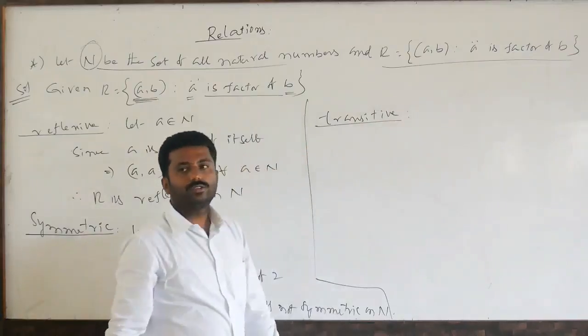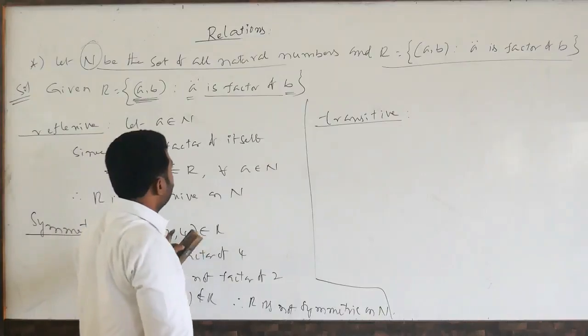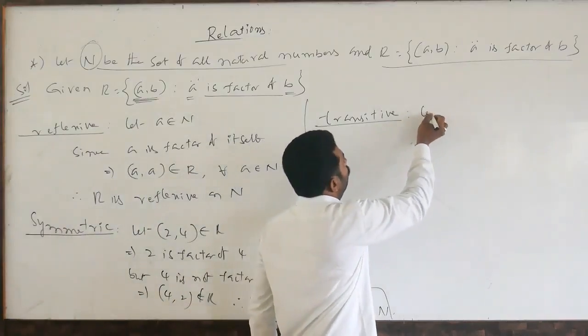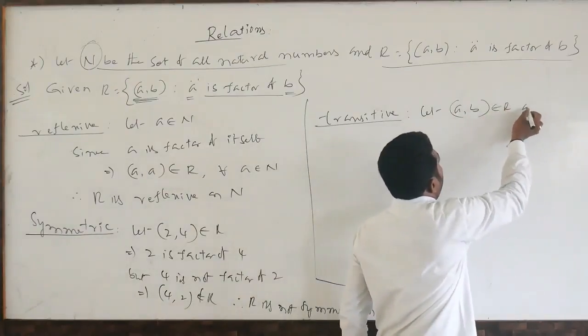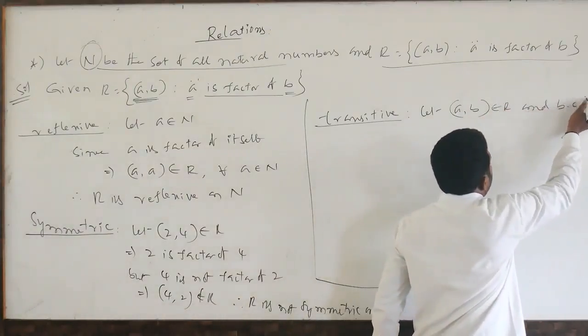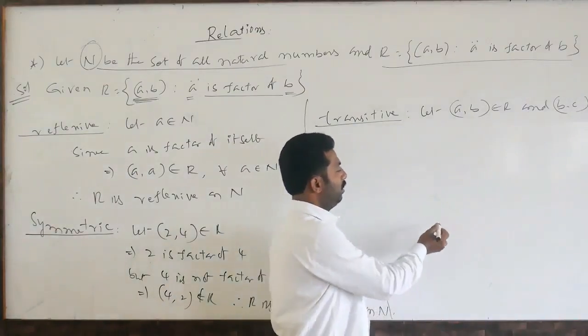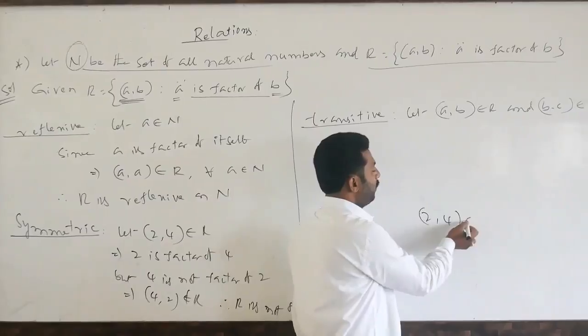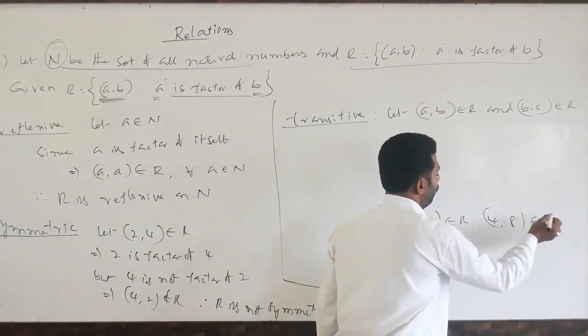Then we have to discuss whether it is a transitive relation or not. Clearly this is transitive, because (A, B) belongs to capital R and (B, C) also belongs to capital R. If you want, I will give one example: 2 is a factor of 4, and 4 is a factor of 8.